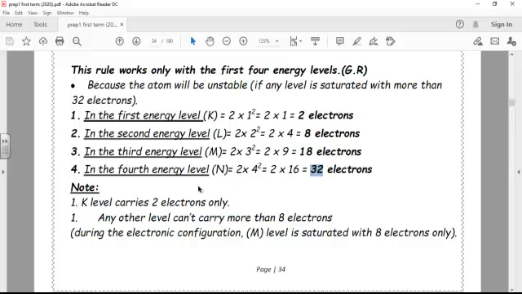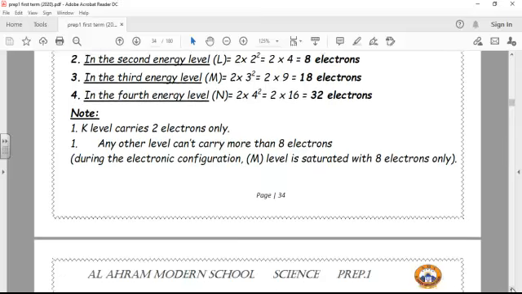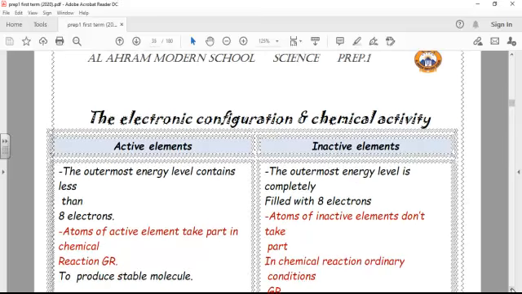The 2n power 2 rule, we apply it till the 4th energy level only. Why? Because if we put more than 32 electrons in any energy level, the atom will be unstable. As you can see here, the rule works only with the first 4 energy levels.